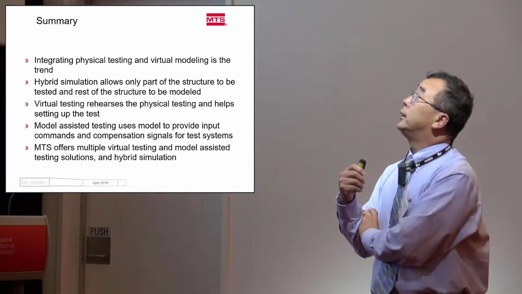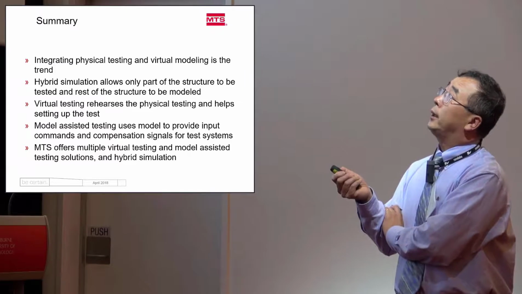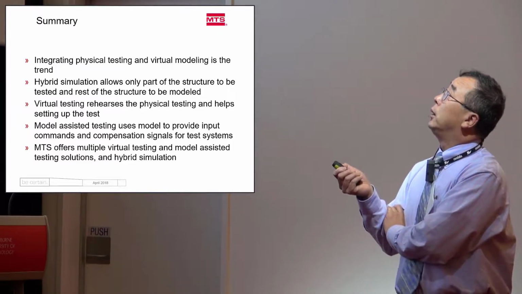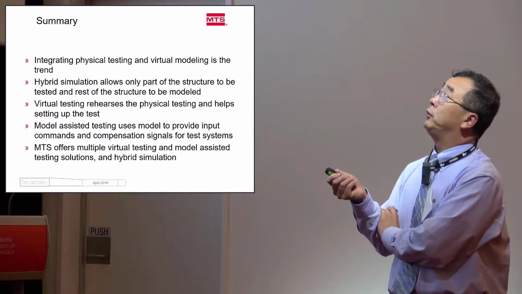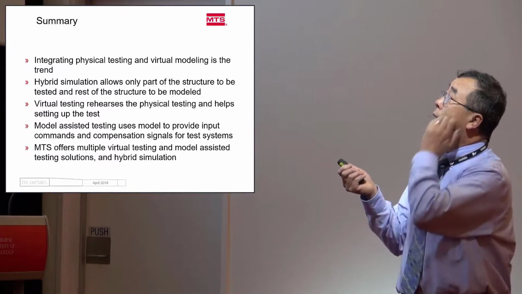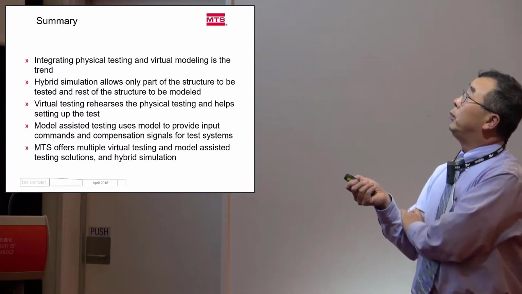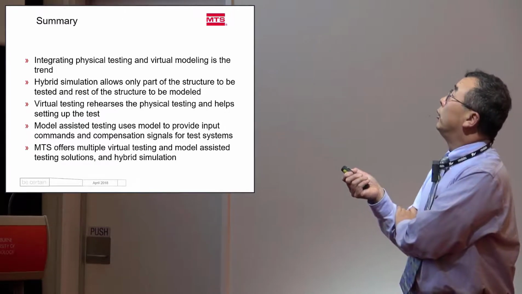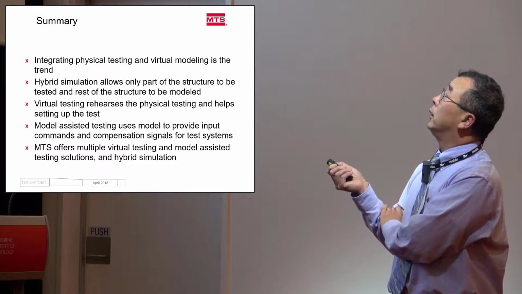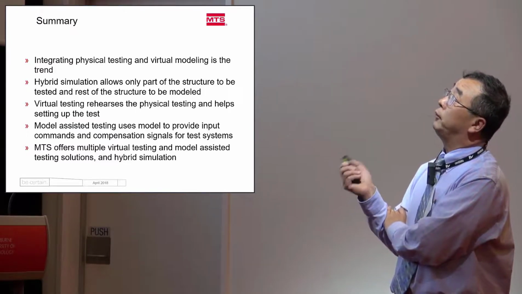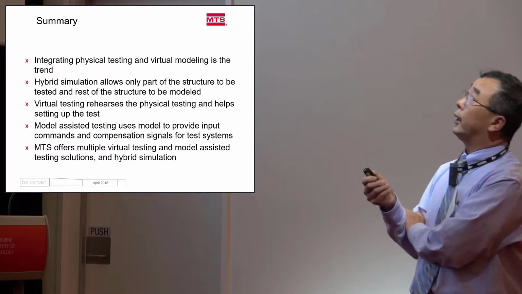So in summary, we see that integrating physical testing and virtual modeling is definitely a trend. Hybrid simulation allows only part of the structure to be tested and the rest of the part to be modeled, so it saves you time and gets a good result.